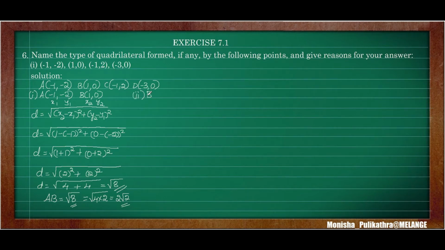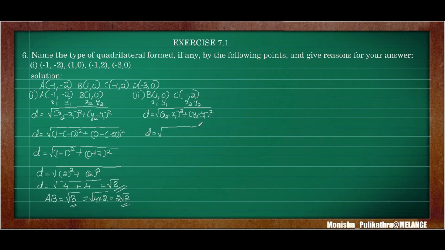The second one is B, 1 comma 0, and C, minus 1 comma 2. So here x1, y1 and x2, y2. Okay. So apply the distance formula. D is equal to square root of x2 minus x1 whole square plus y2 minus y1 whole square.